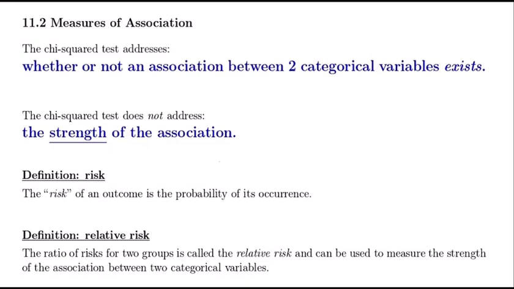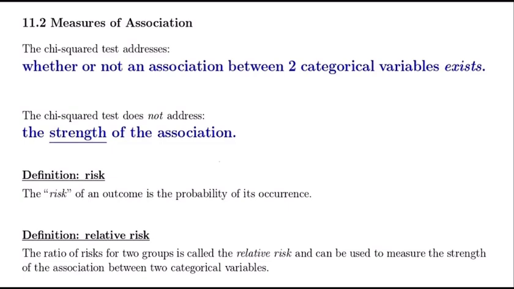One of the measures of association is risk. We need to measure risk. What do we mean by risk? The risk of an outcome is just the probability of its occurrence: the probability that an outcome is going to happen in a particular group, population, or categorical variable.